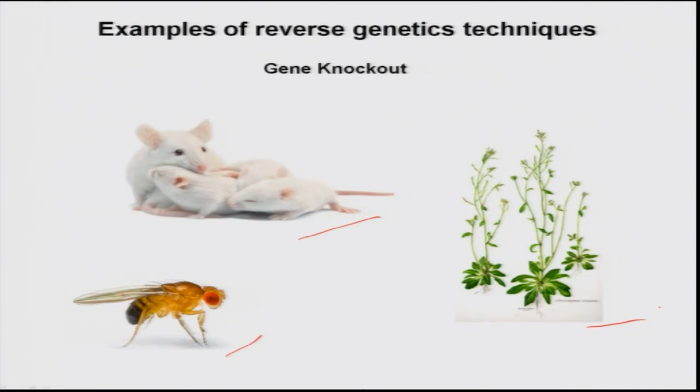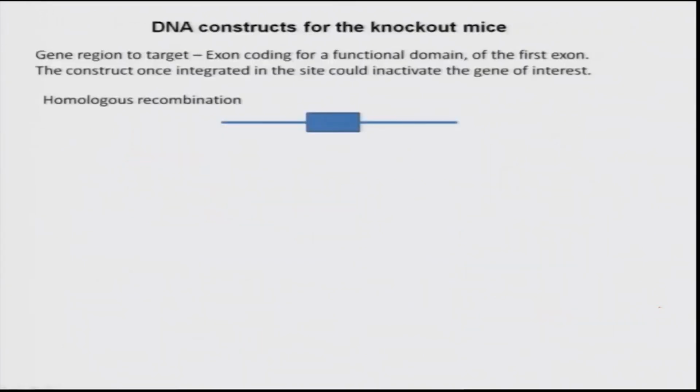Maybe there is a difference in the technique, the approach, but it is doable. You can remove the gene from the organism either in all the cells or in a particular group of cells. Let us look at how you can create what is called the knockout mice, where you delete a region of the gene so that the gene becomes non-functional, in a species such as mouse.